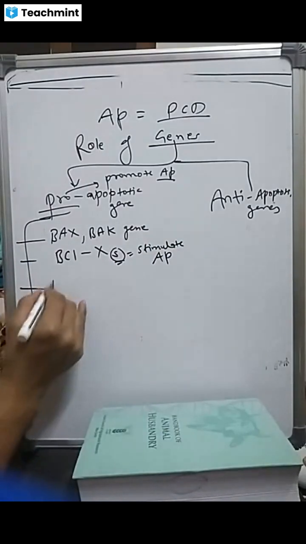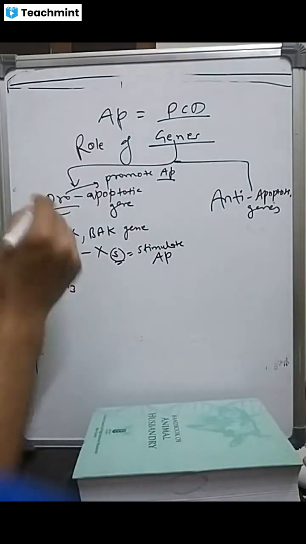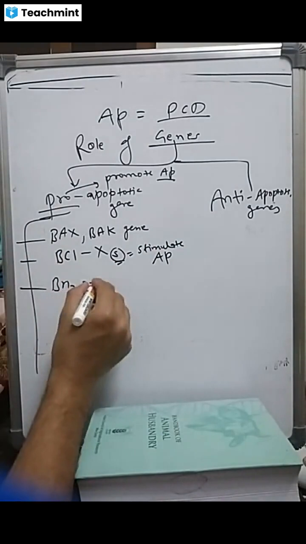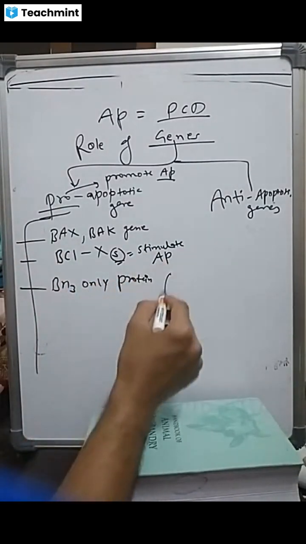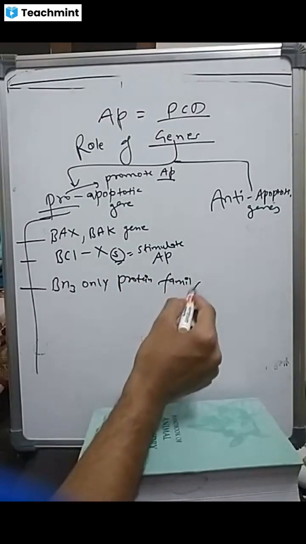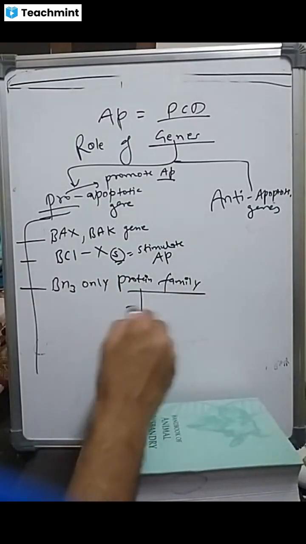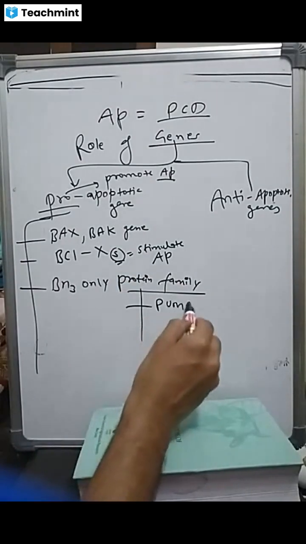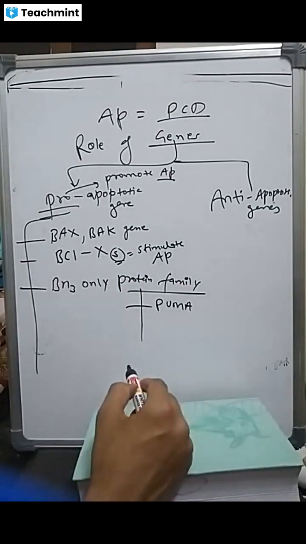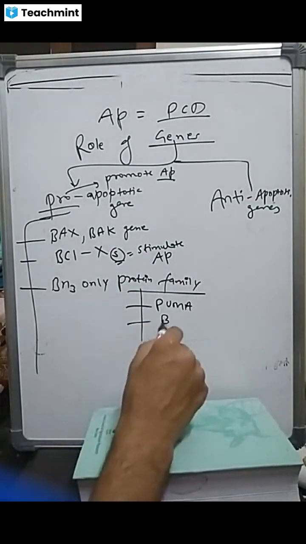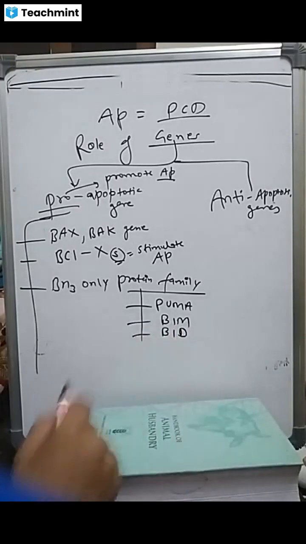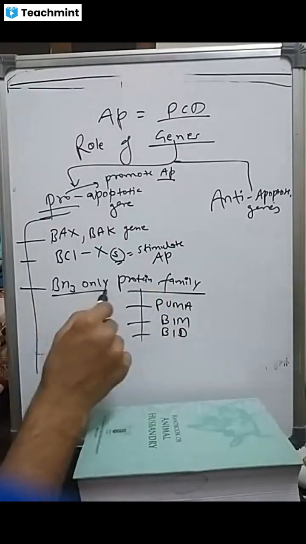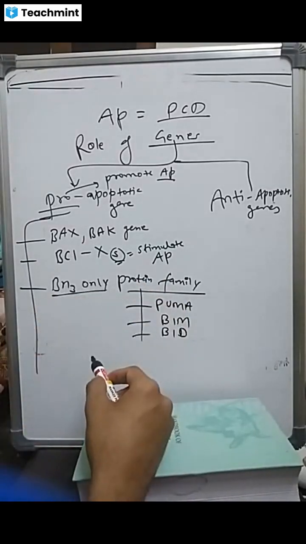Then the most important is the BH3-only protein family. This is a family, and the members are PUMA, BIM, and BID. These are the members of the BH3-only protein family.